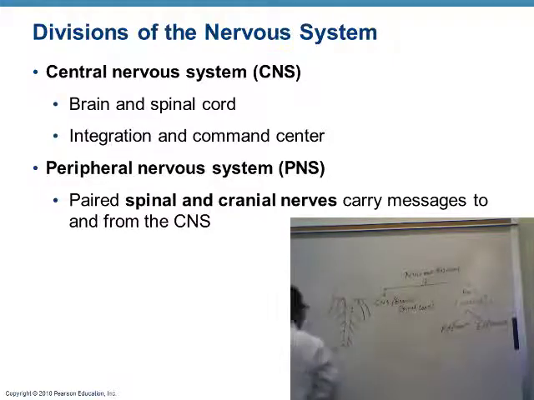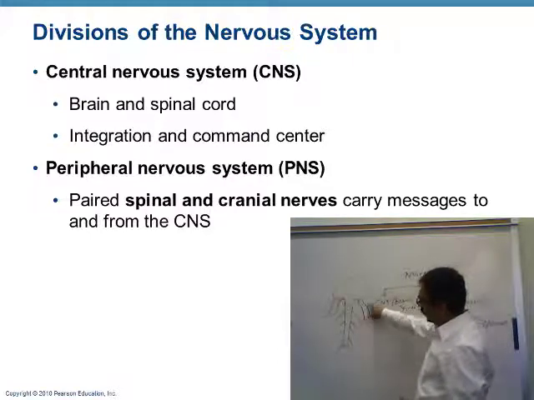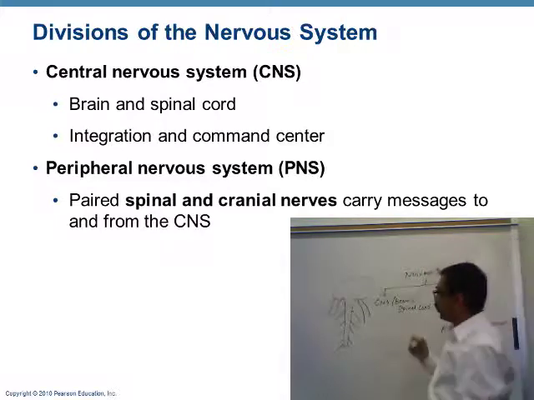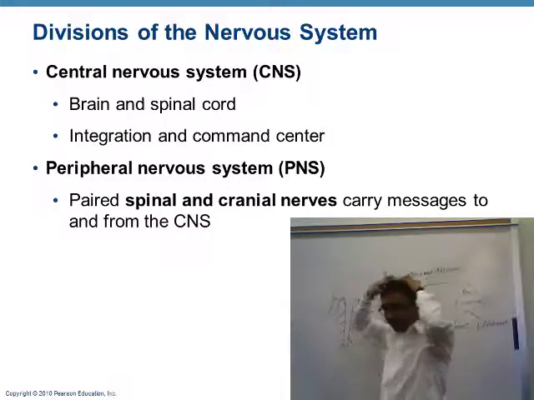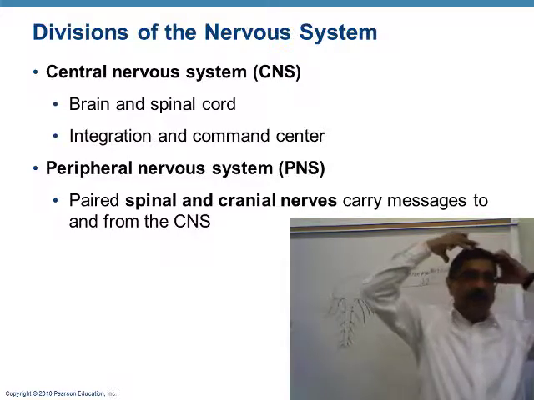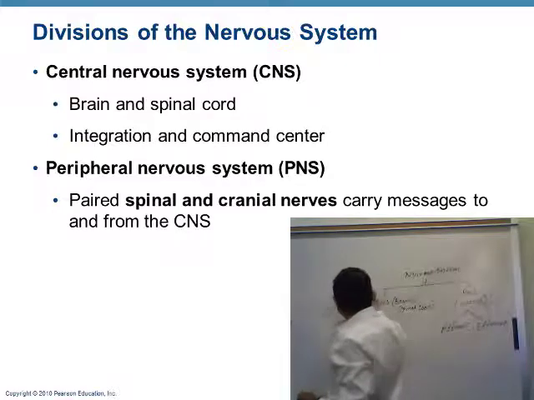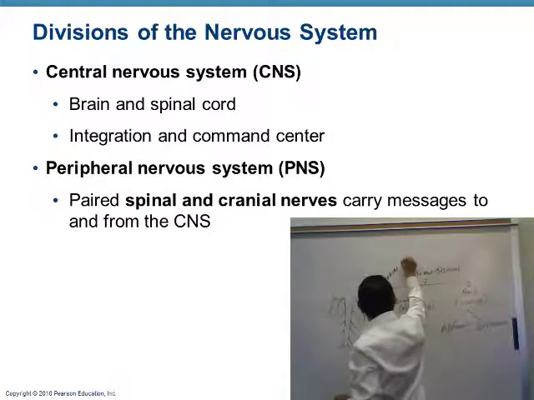Okay. So first, those nerves attached to the brain are called the cranial nerves, because this is the cranial part, right? The head is the cranial. So those nerves attached to the brain are called what? Cranial nerves.